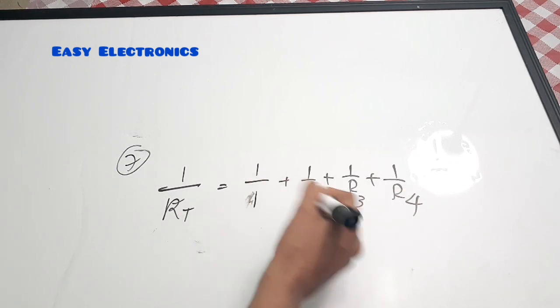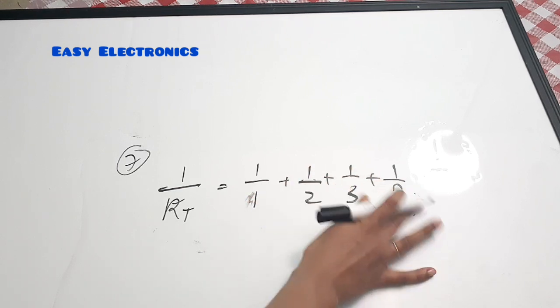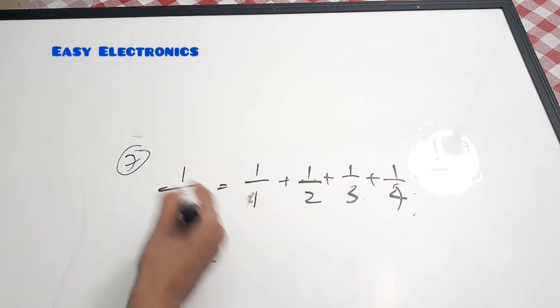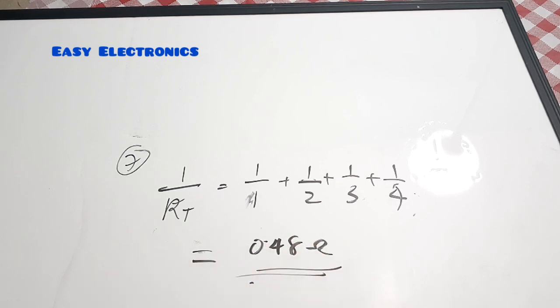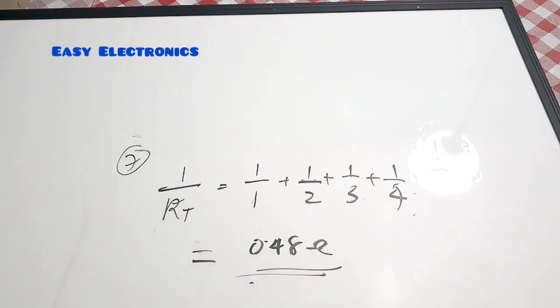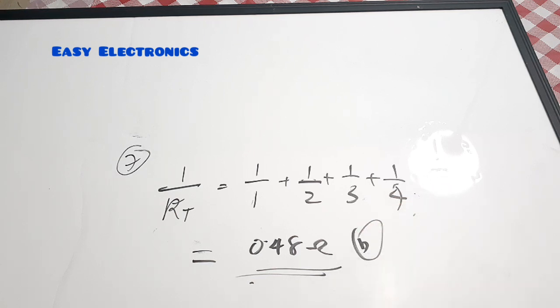I've substituted the values, and if you find the value of RT, you'll be getting 0.48 ohms. Okay, so this is just basics of resistor connections, and if they are in series, you just have to add the values. Okay, now correct answer for this question is option B, which is 0.48 ohms.